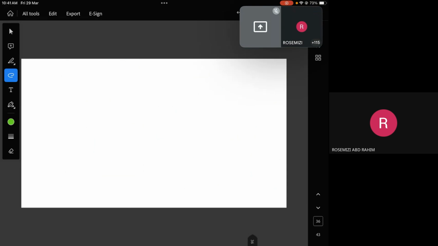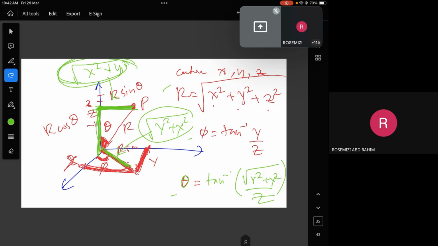So for the spherical coordinate system, r, theta, and phi. So r equals the magnitude of x, y, and z.